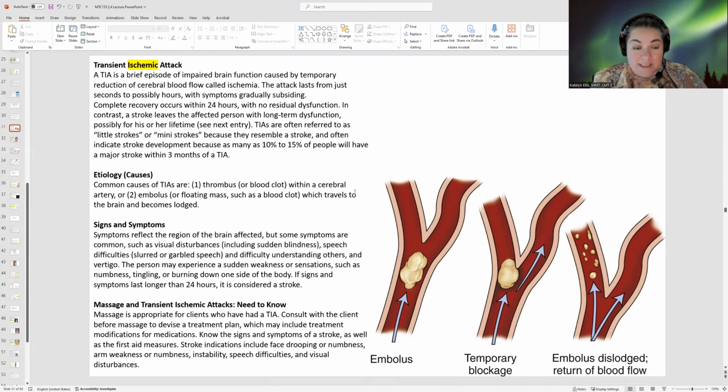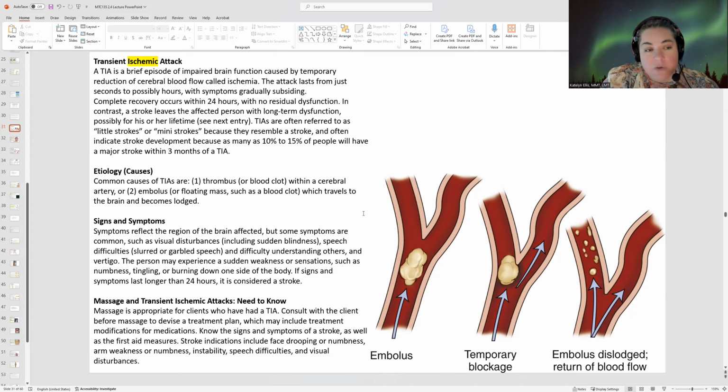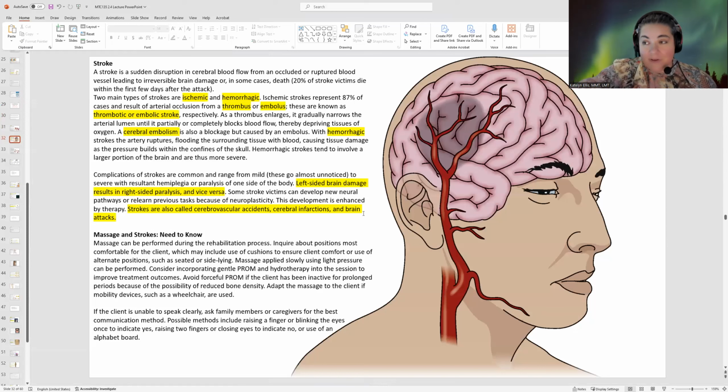If you see someone exhibiting signs and symptoms, like tingling, burning down one side of the body, and they have sudden weakness, they have difficulty understanding people, they might have sudden blindness, garbled speech, which is aphasia, if they can't remember or say certain words or can't understand certain words, that is aphasia. Please definitely call 911.